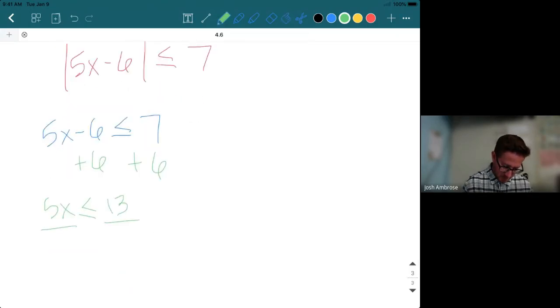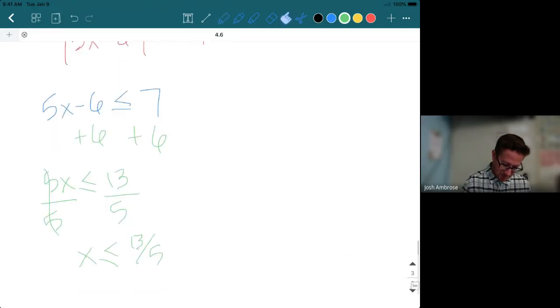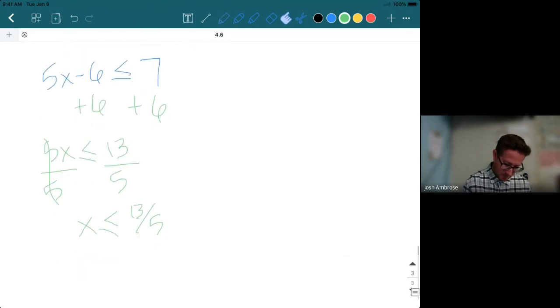Divide both sides by 5. X less than or equal. Can't do anything with that, right? It's going to create a decimal. It already is a reduced fraction, so leave it as 13 over 5.